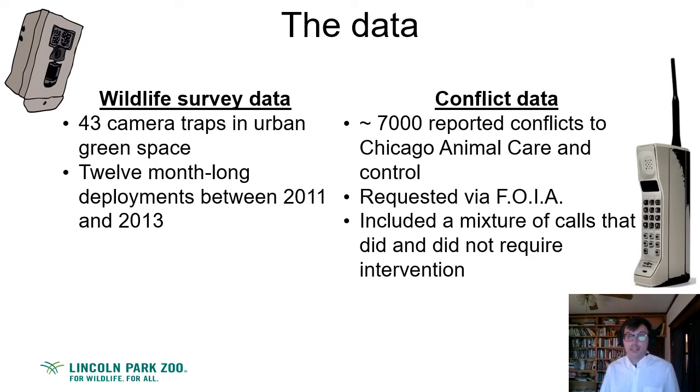For the conflict data, we made a FOIA request to the city of Chicago and received about 7,000 reported conflicts made to the Chicago Animal Care and Control between 2011 and 2013. These data include a mixture of calls that did and did not require intervention, meaning that someone could have just called in a coyote because they saw it, or they could have a raccoon in their attic or their bathroom, et cetera, et cetera.